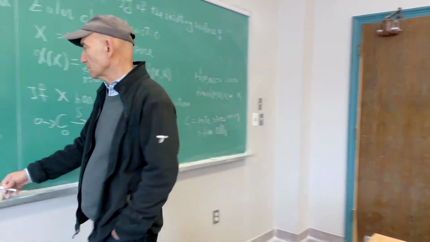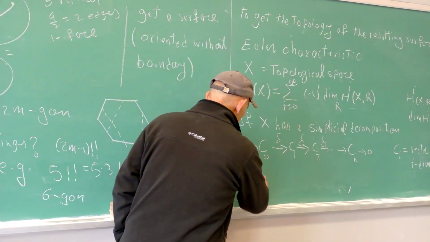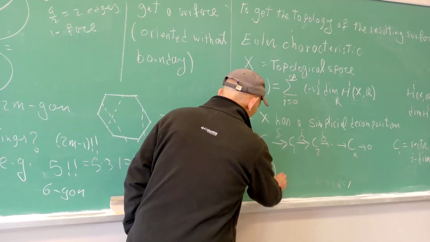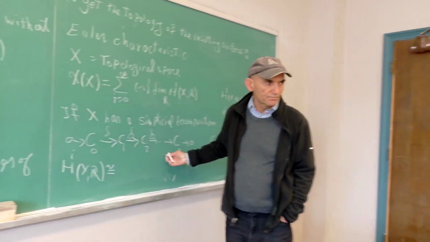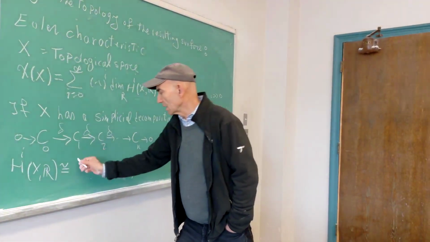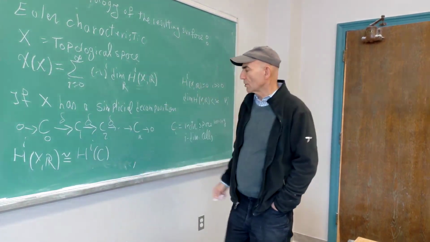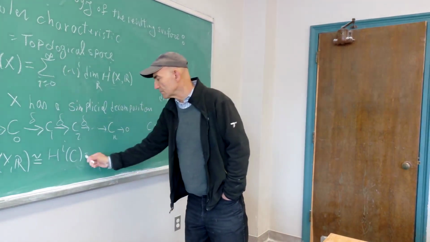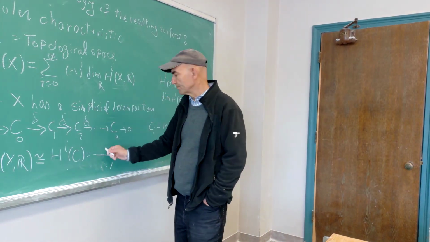Then we know that the cohomology of this space is actually isomorphic to the cohomology of this complex, which I call C. H^i of C is the kernel of delta divided by the image of delta.